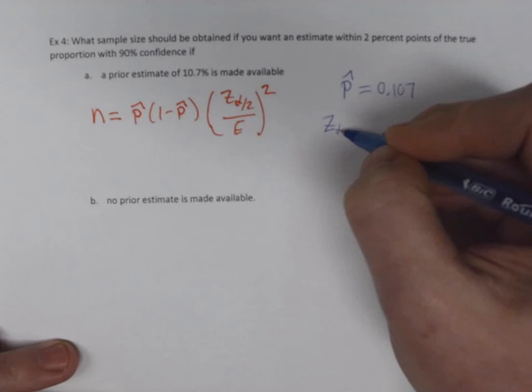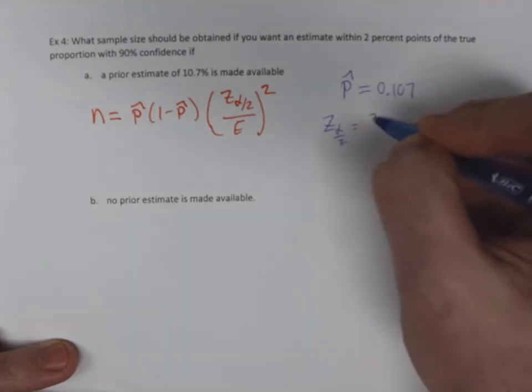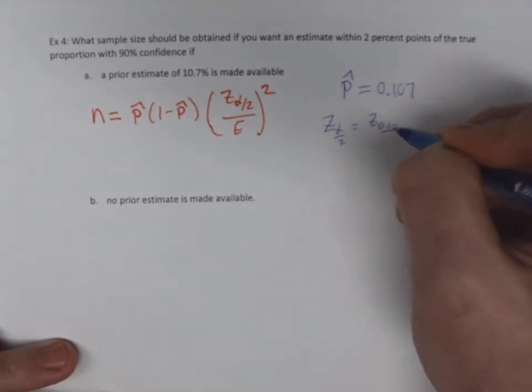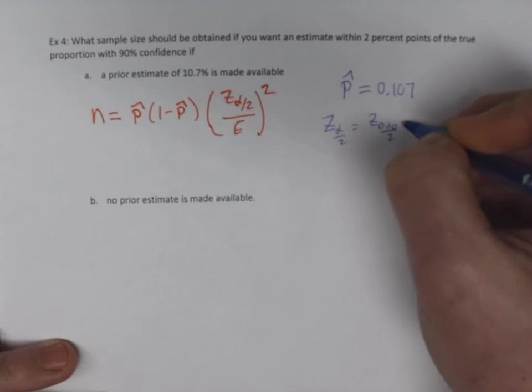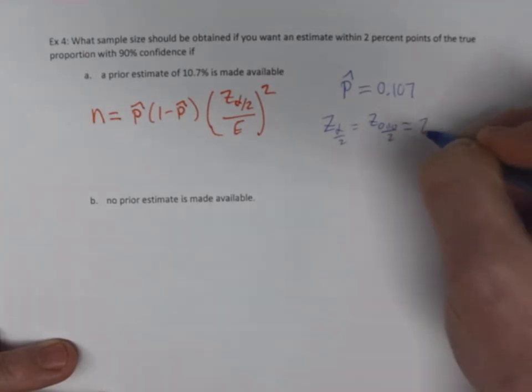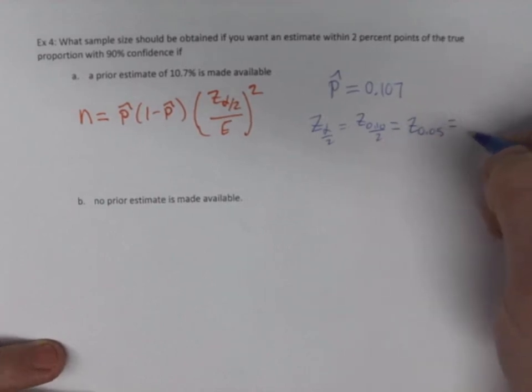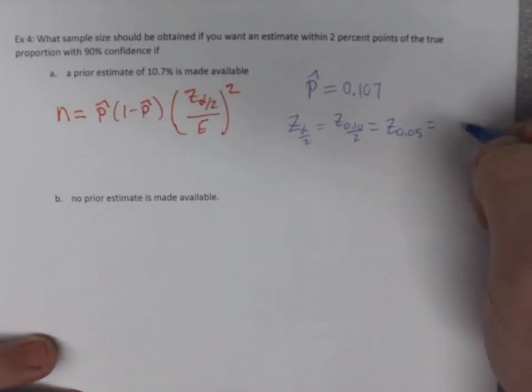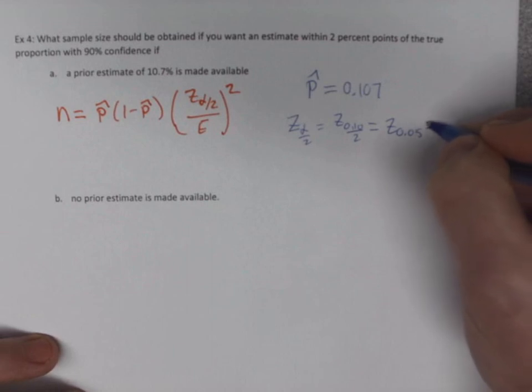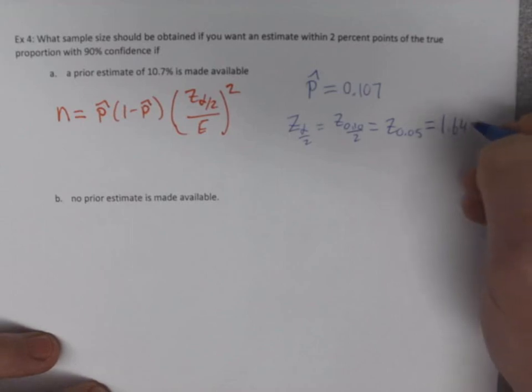Z alpha over 2 is equal to z of 0.1 divided by 2, which is z of 0.05. And remember, it's alpha over 2, so be comfortable with doing this. I know I keep saying that, but it's important. It's just a small little step that can get the whole problem wrong. This is a common one that I wrote down earlier. It's 1.645.